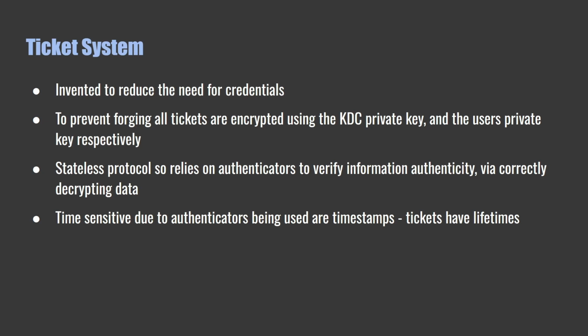So it's a stateless protocol, so it relies on authenticators to verify information authenticity via correctly decrypting data. And these authenticators are time sensitive due to authenticators being timestamps. So basically, the tickets have lifetimes, and the authenticators that you're going to use to validate these tickets are all based on timestamps. Kerberos is heavily reliant on your time.